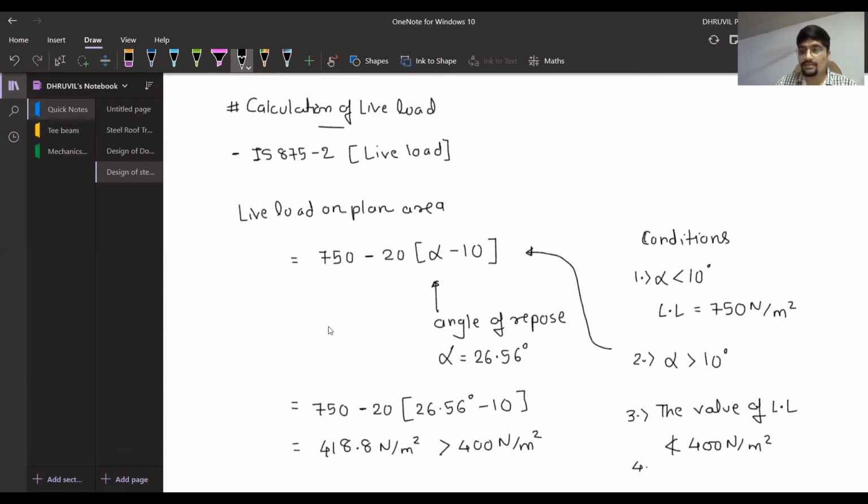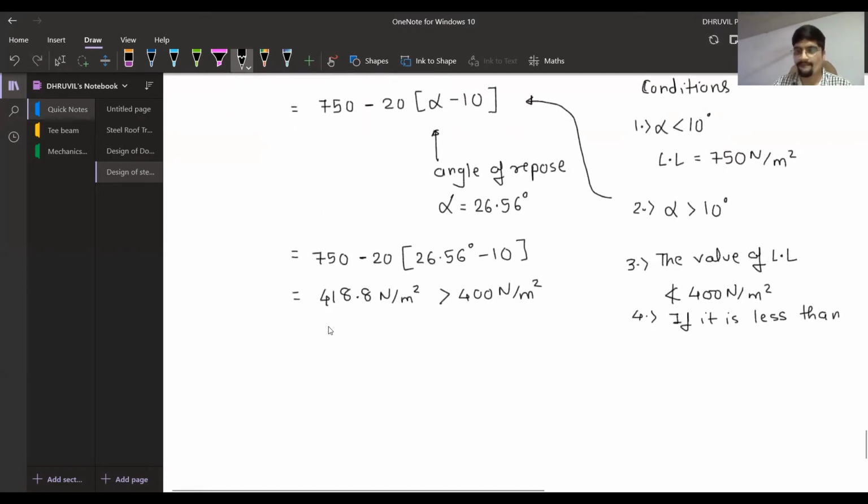If it is less than 400 Newton per meter square, then consider the value of live load equal to 400 Newton per meter square.